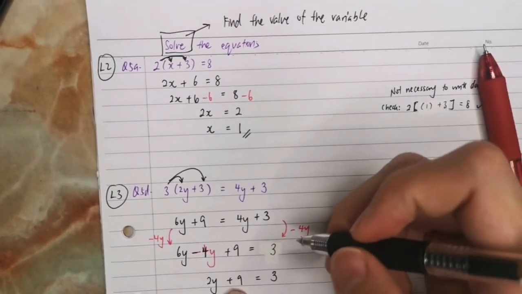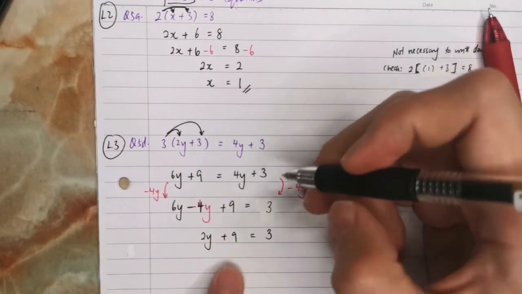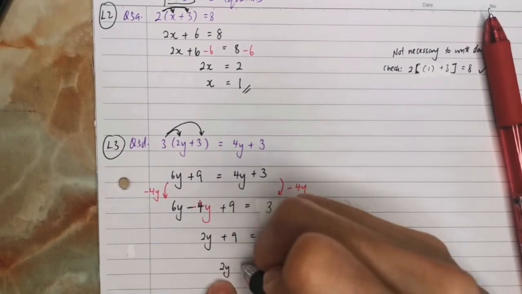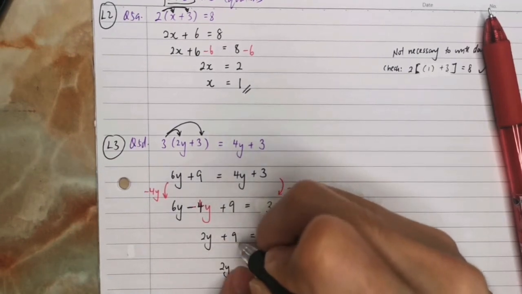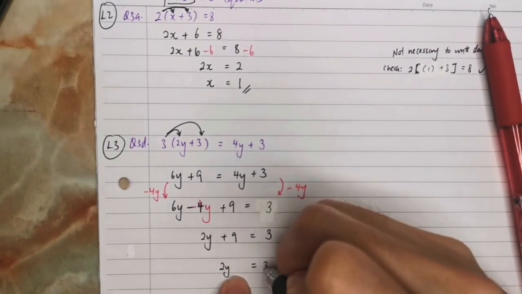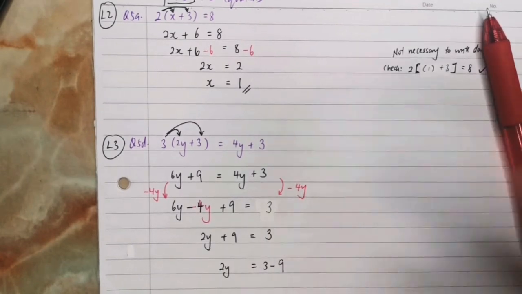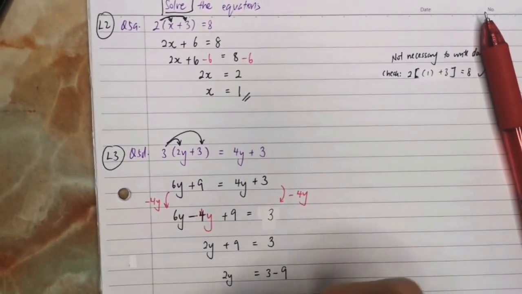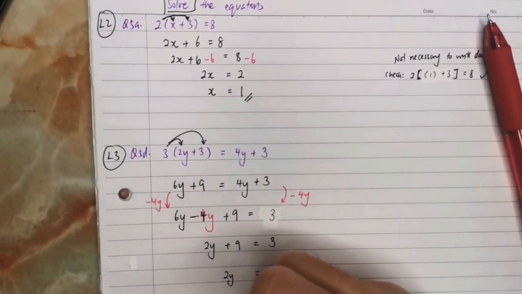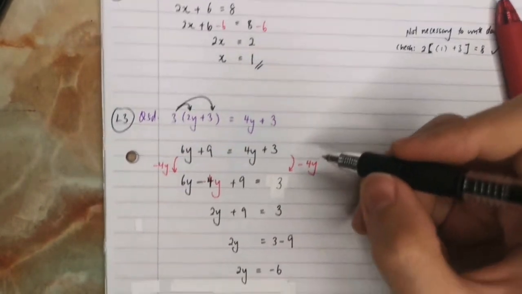So now I need to remove the 9 away. To remove the 9, I need to minus 9. So 2y, 9 minus 9 is 0. So 3 minus 9. In this case, 2y equals 3 minus 9, which is negative 6.